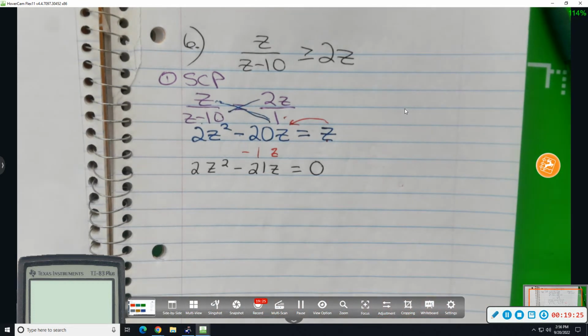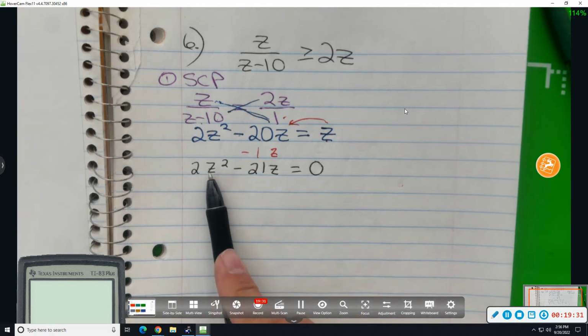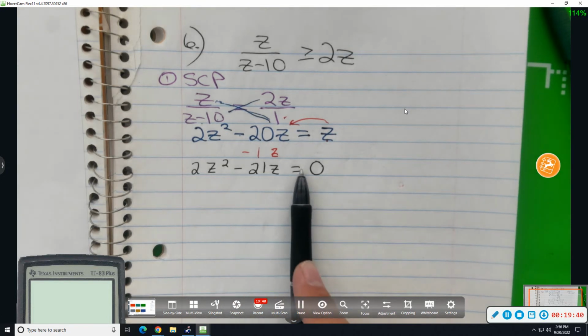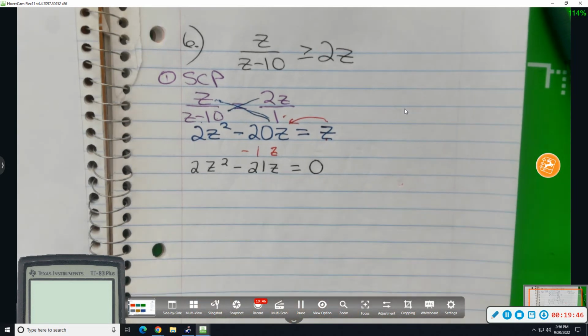I'm treating this like it's a quadratic equation because it is a quadratic equation. There's a squared term, so it's a quadratic equation. And we haven't factored a problem like that in class yet, where there's not a constant, there's not some number. That's the easy stuff to factor. Okay, this was actually easier to factor.